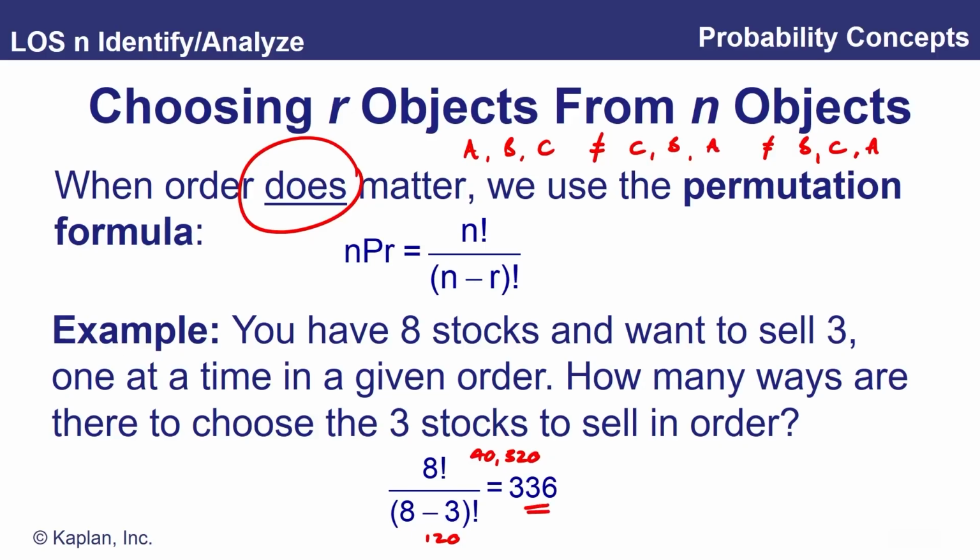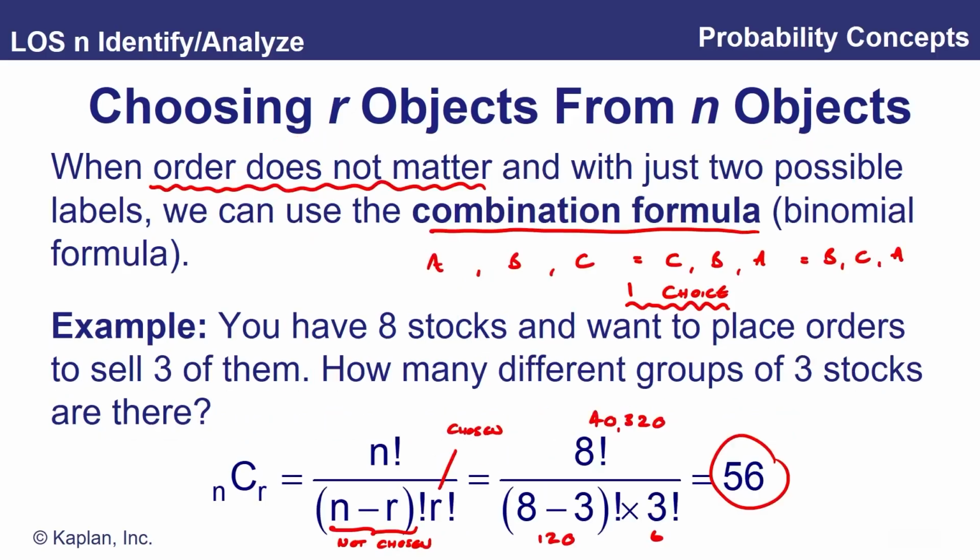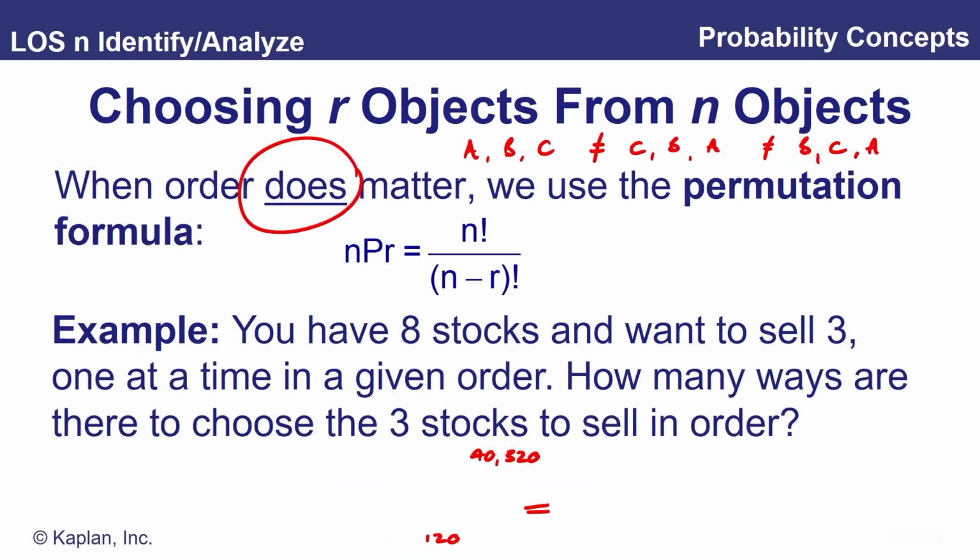Notice 336, if I flip back to the previous slide, when the order did not matter, so choosing stock A first, stock B second, stock C third, was the same as choosing stock C first, stock B second, stock A third, there were only 56 different combinations. When the order of choosing those stocks does matter, then the number of combinations, of course, rises.